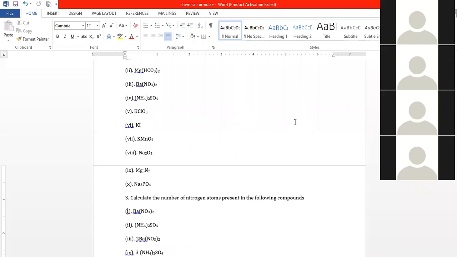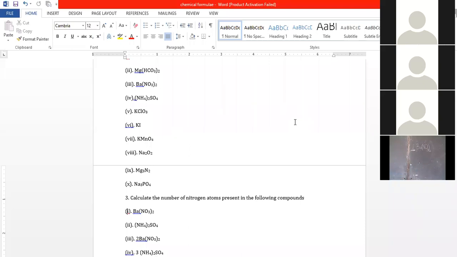Very much. We said when you write a 2 in front or any figure in front, it is as if you have put all these in brackets. So it multiplies the barium, the nitrogen, and the oxygen. We don't usually put the brackets there, but you need to know at the back of your mind that any figure placed in front of a chemical formula multiplies all the elements in that chemical formula.